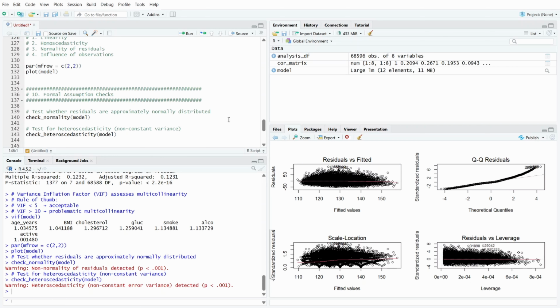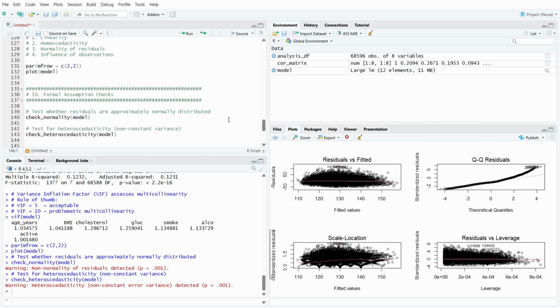The model explains about 12% of the variability, which is typical in real-world health data. Multicollinearity is low, meaning each predictor's effect is independent, but residuals show slight non-normality and heteroscedasticity. In short, we've identified the main factors linked to higher blood pressure. And in upcoming videos, we'll explore transformations and robust methods to address these assumption issues and strengthen the model.